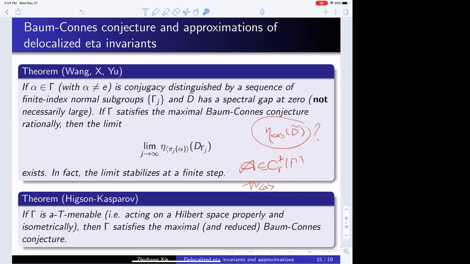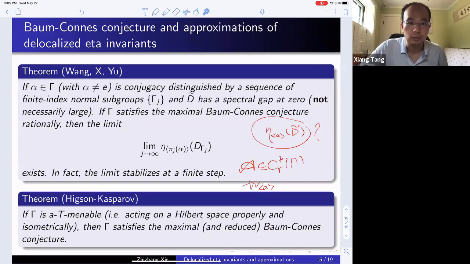It's probably not so easy, but it's interesting in the following sense: if one can get rid of the condition that the spectral gap is sufficiently large, and study the convergence without that condition, it's actually quite related to the Baum-Connes conjecture itself. Okay, thank you.